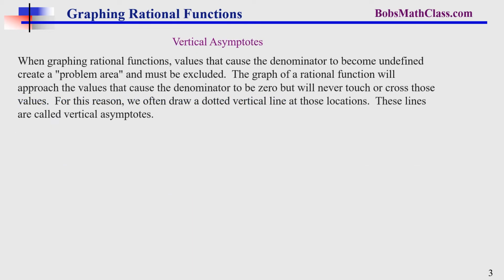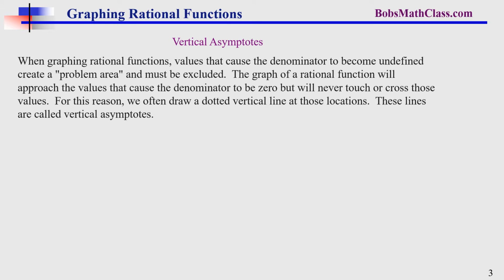Vertical asymptotes. When graphing a rational function, values that cause the denominator to become undefined create a problem area and must be excluded. The graph of a rational function will approach these values that cause the denominator to be 0, but will never touch or cross those values.